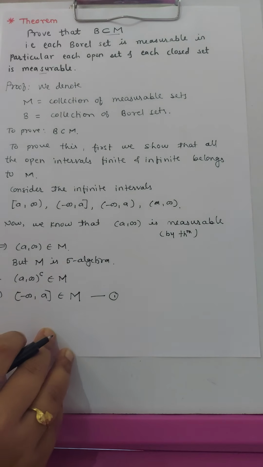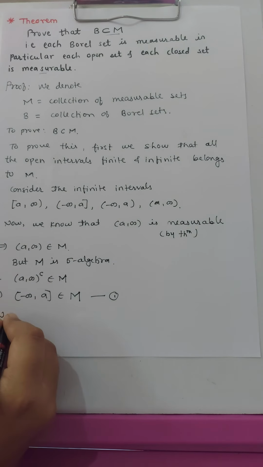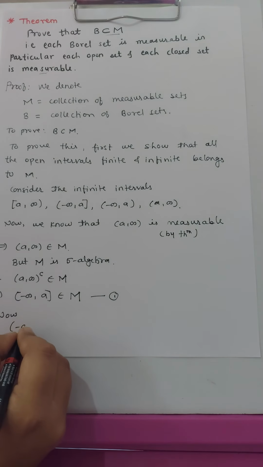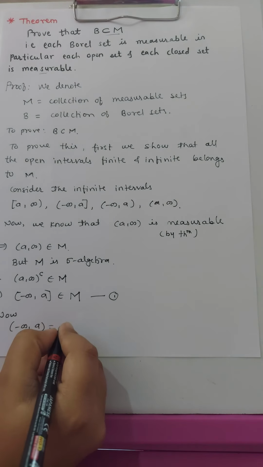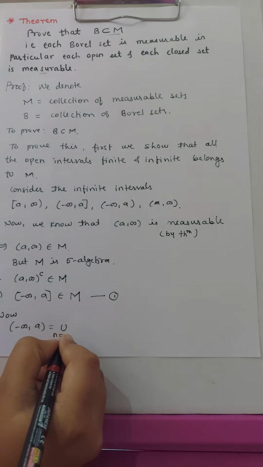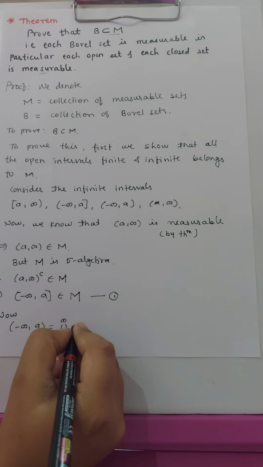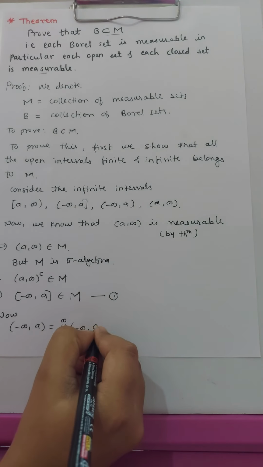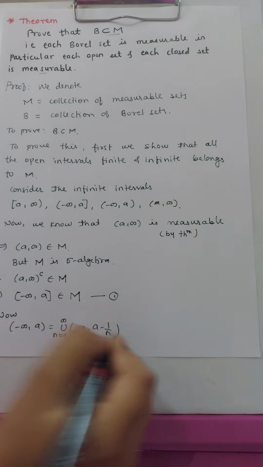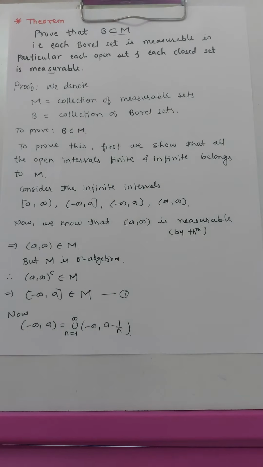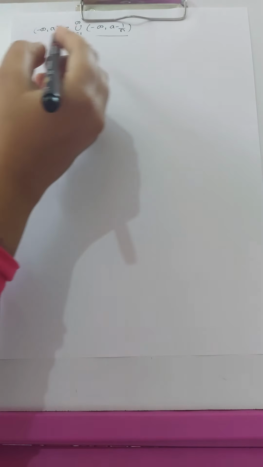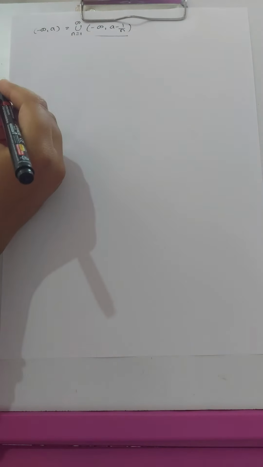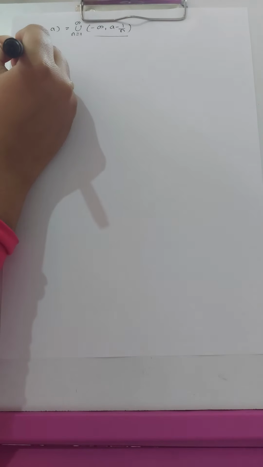Let it be number 1. Now this open interval (minus infinity, a) can be written as the union of countably many intervals (minus infinity, a minus 1 by n]. Now each interval (minus infinity, a minus 1 by n] is measurable.